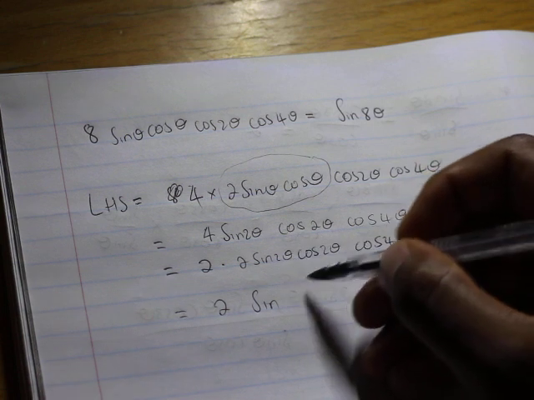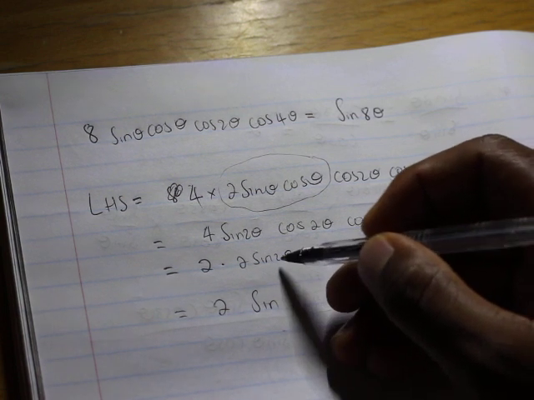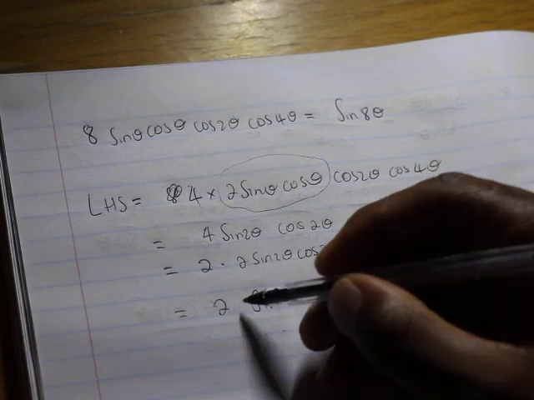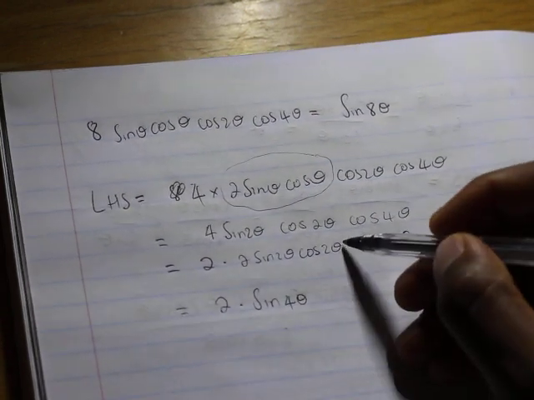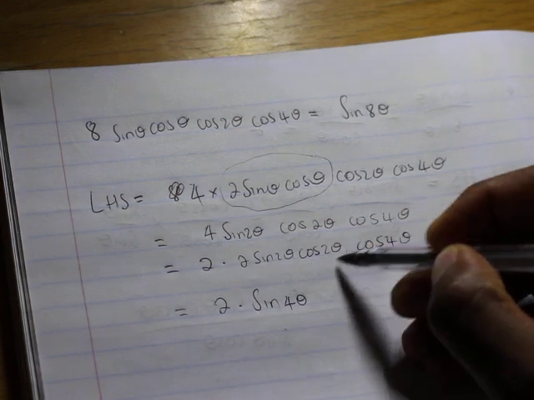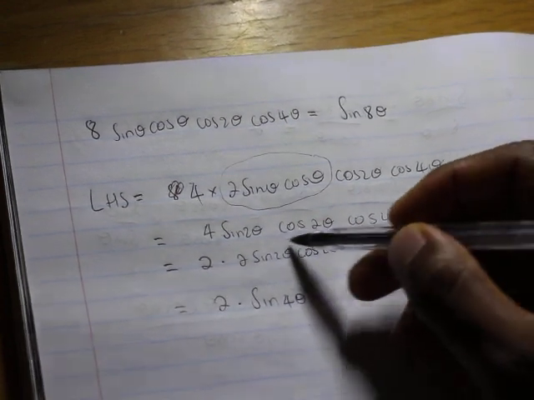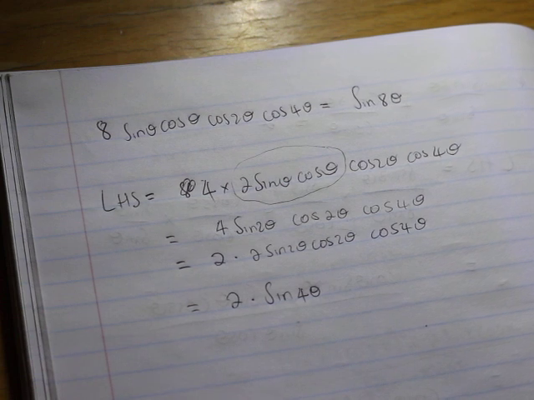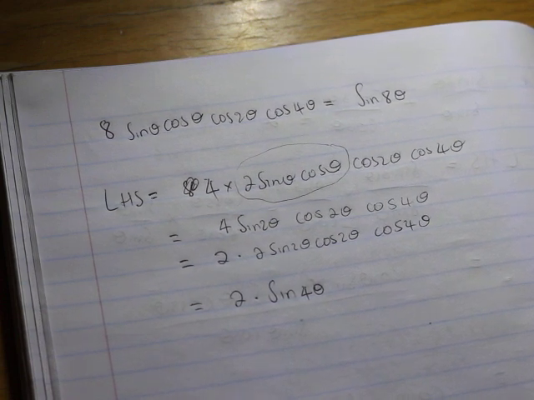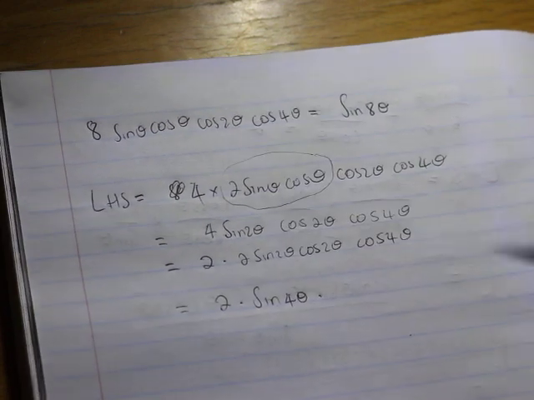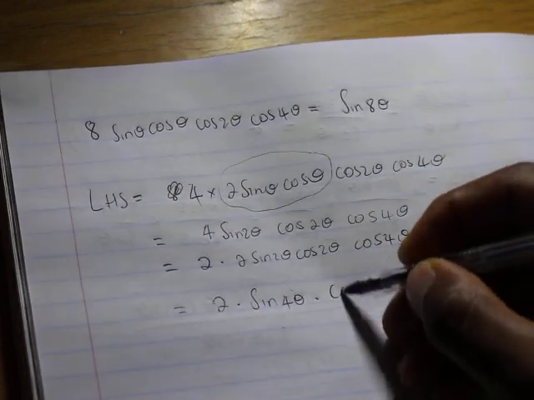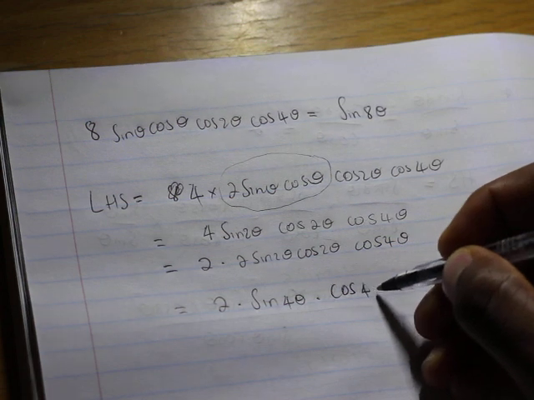Instead of 2 theta, it's going to become 4 theta, because this is a double angle. So 2 times 2 theta, so the whole thing there becomes sine 4 theta, okay? And then multiply this by the cosine of 4 theta.